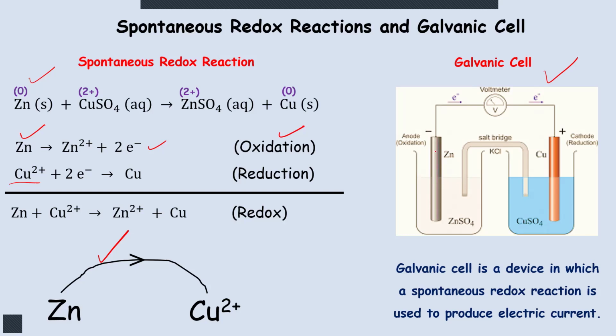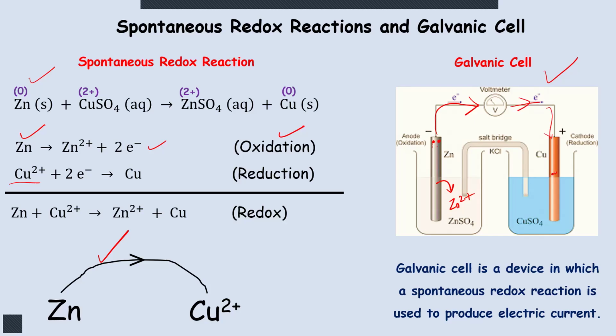So here we have a zinc rod. In the zinc rod, some zinc atoms lose electrons, leave behind electrons in the zinc rod, and go into the solution as zinc 2 plus. These electrons move through the metal wire and come to the copper rod.